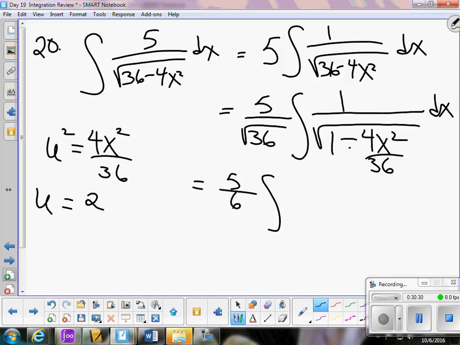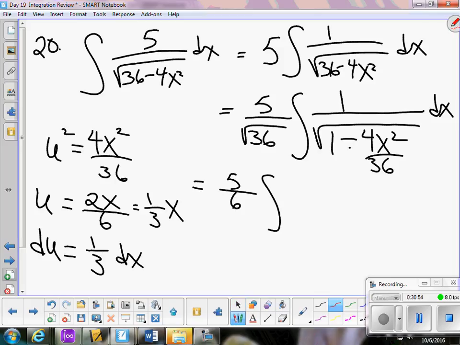So then you get u by taking the square root, 2x over 6. Should we make it a third x? You want to leave it? Yeah. So du, you're too comfortable, du is what? 1/3 dx. So now we just got to put in the third on the inside, and 3 over 1 on the outside.